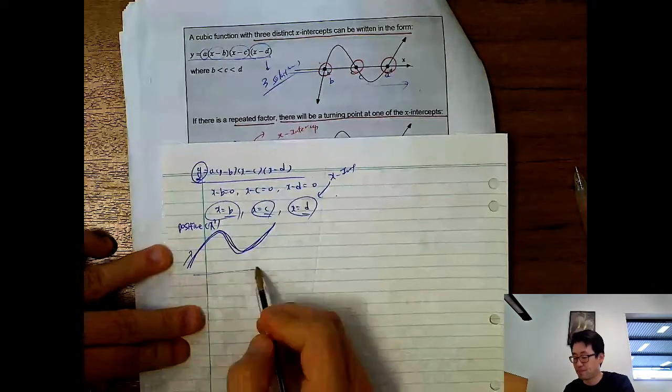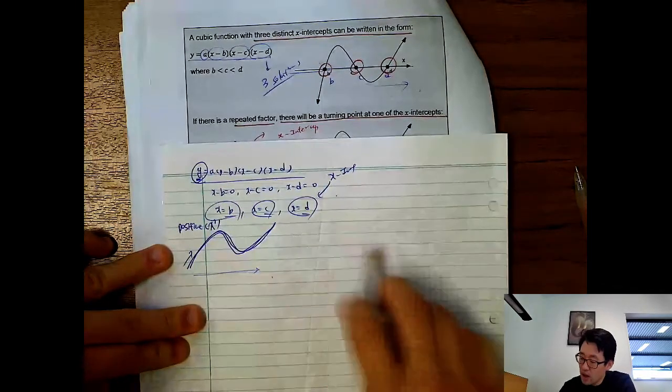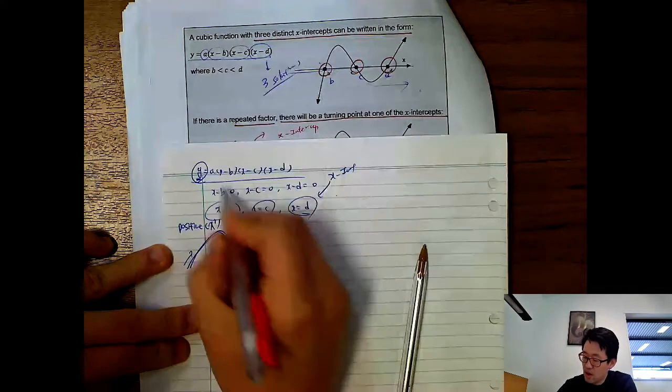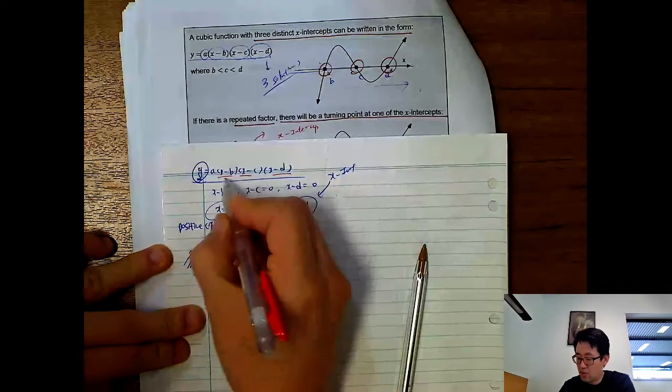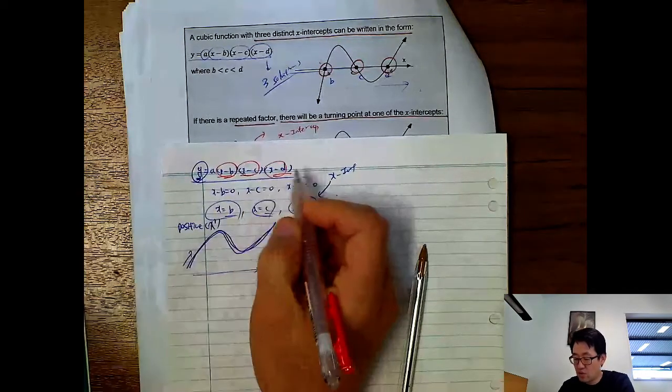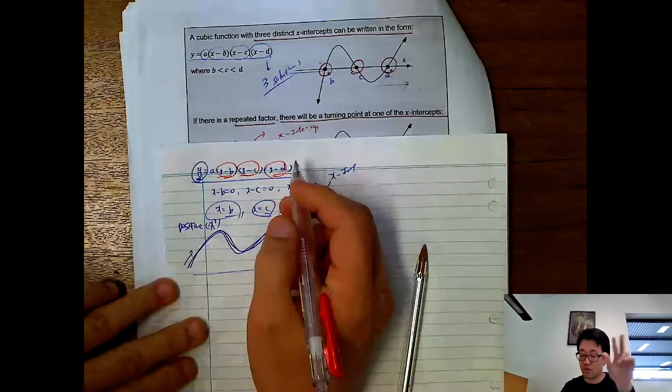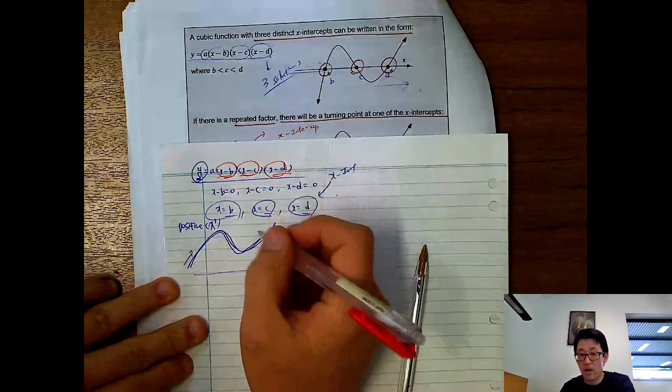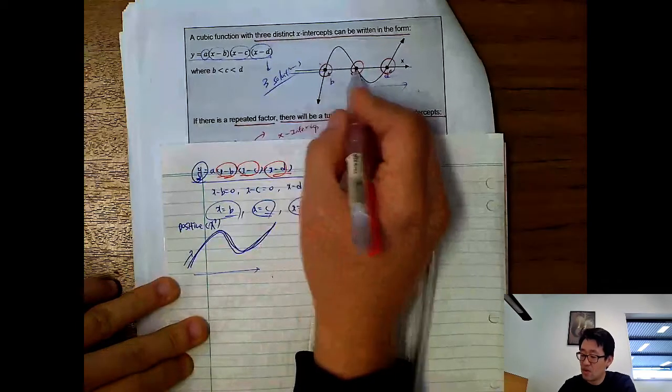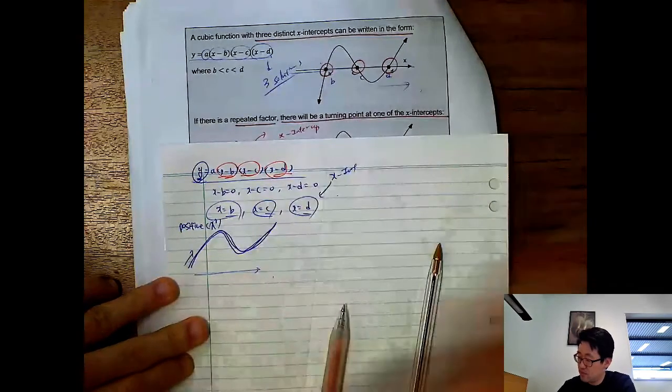Okay? And then I know the 3 brackets, which means we got 1, 2, 3 solutions. 3 brackets, 3 solutions, which means we will have 3 intercepts.